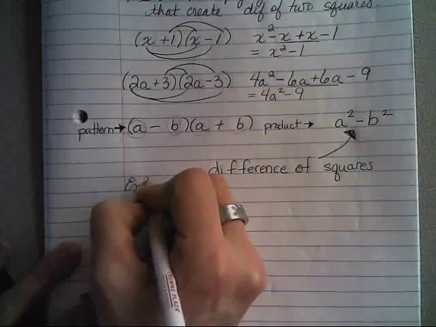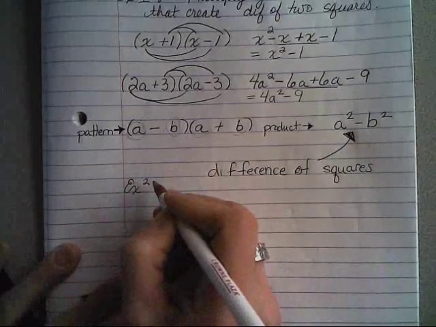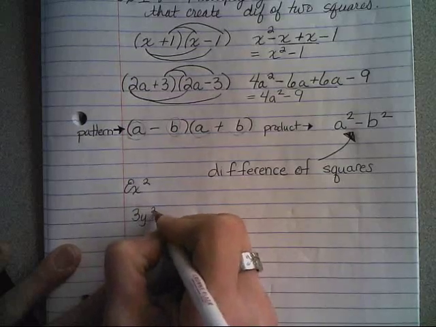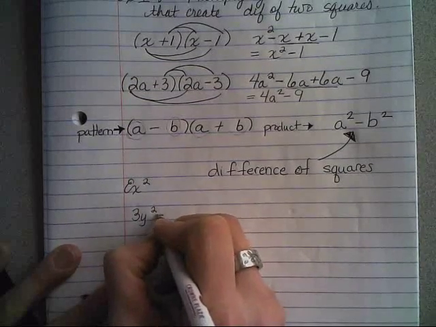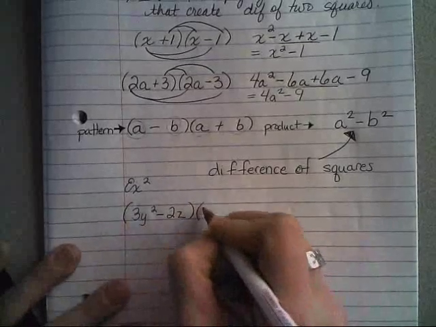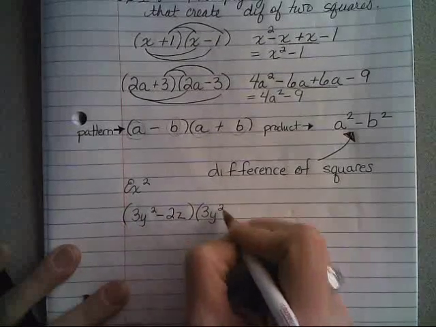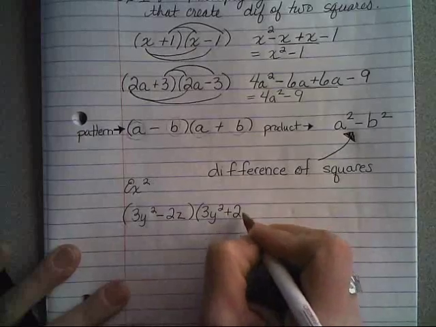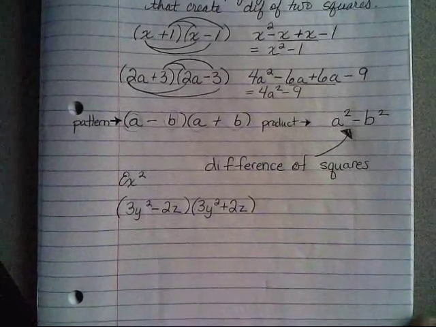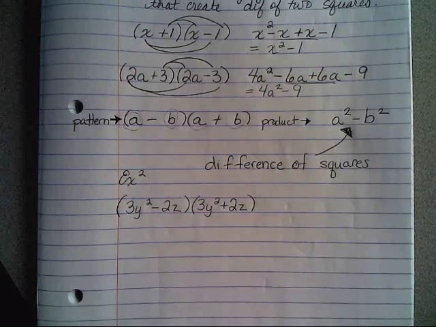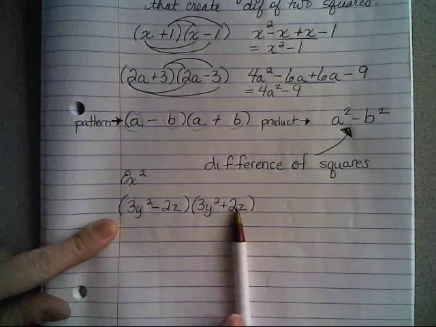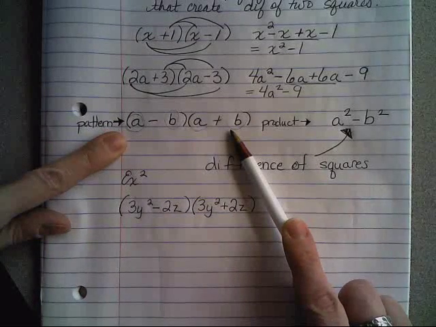It just requires a little more work. 3y squared minus 2z multiplied by 3y squared plus 2z. Okay? My question to you, again, I'm trying to get you to memorize patterns. Does this binomial appear to fit this pattern?